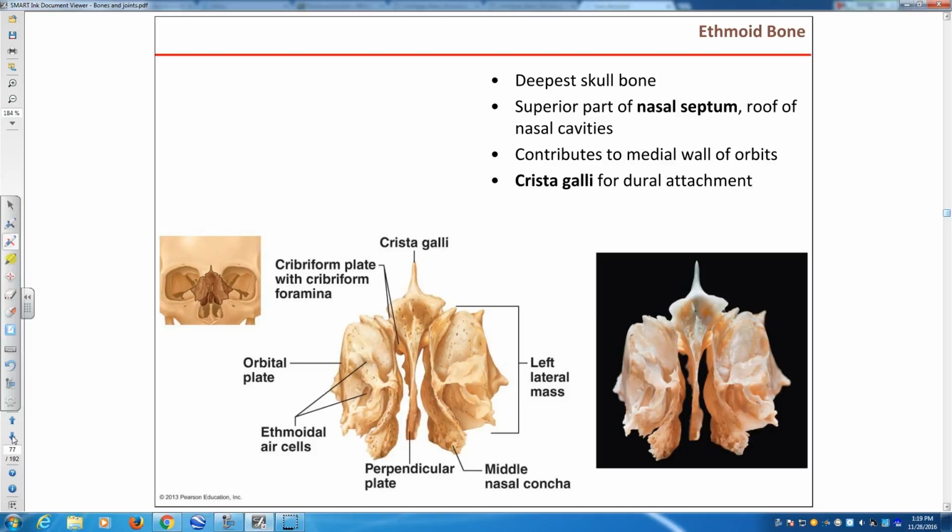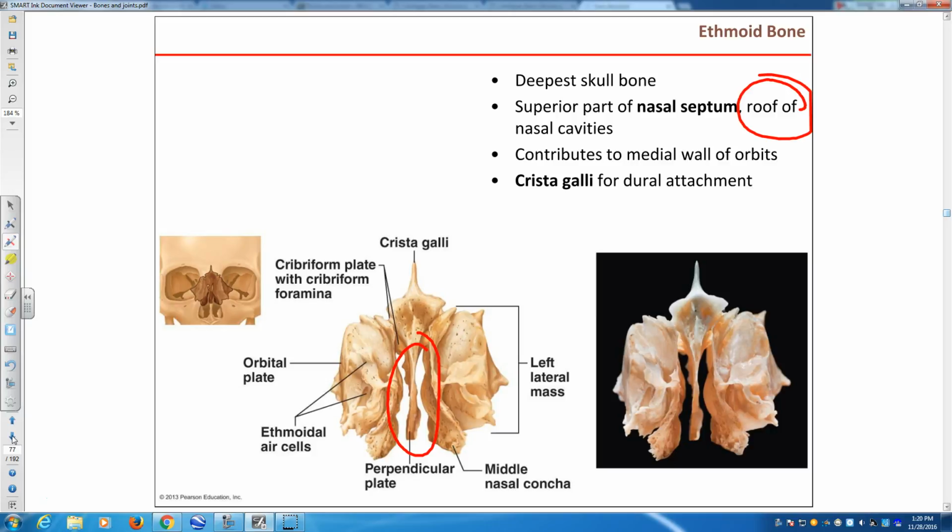The ethmoid bone is located deep in the skull, and it forms a part of the nasal cavity, actually the roof of the nasal cavity. The perpendicular plate of the ethmoid bone forms the nasal septum.